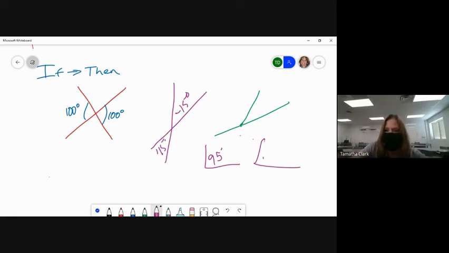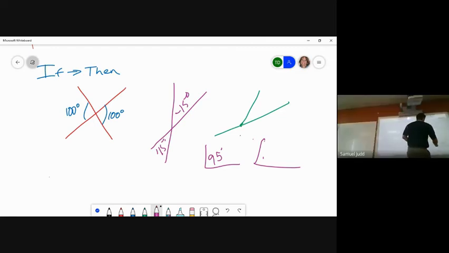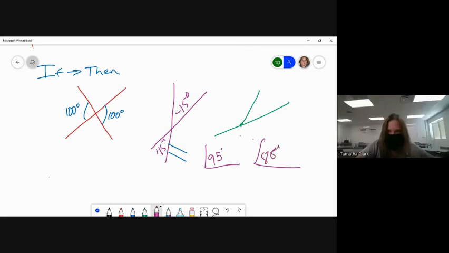So these are not adjacent, right? So they would still be supplementary. Yeah, so in this example, that would have to be 85.